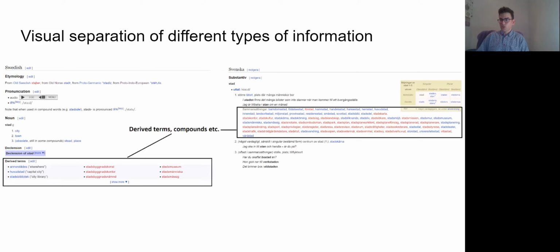In a language such as Swedish, any given term can have a great many compounds which correspond to several separate words in English. Here we can see the word stad, meaning city or town in Swedish, but it can also mean place in general.